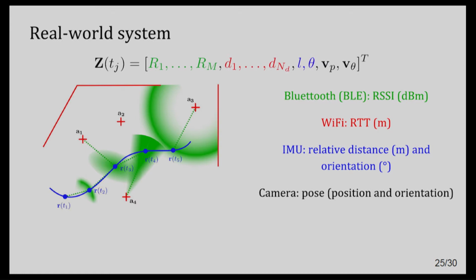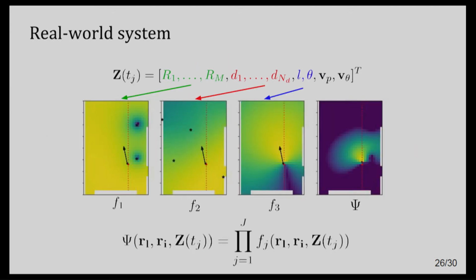The question is how can we combine these measurements into a consistent estimate? It's kind of an apples and pears problem, because how do you combine such different modalities? The way we do it is, instead of combining them directly, for each measurement modality we create a probability map.